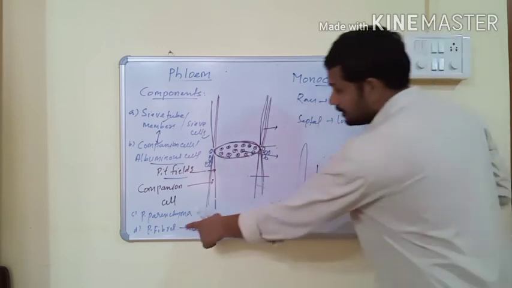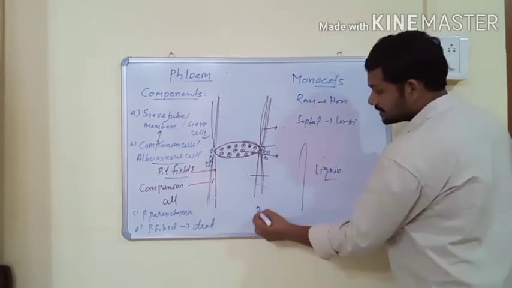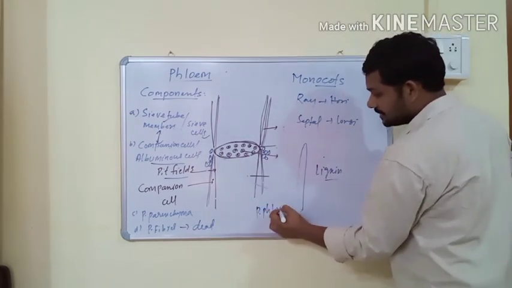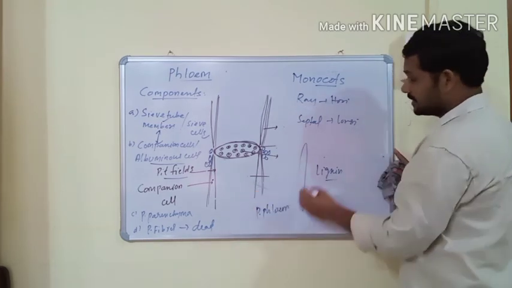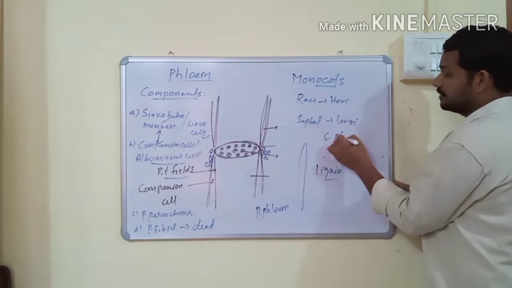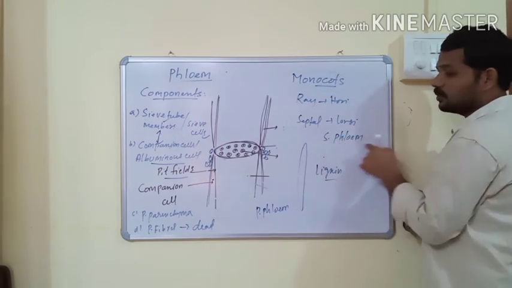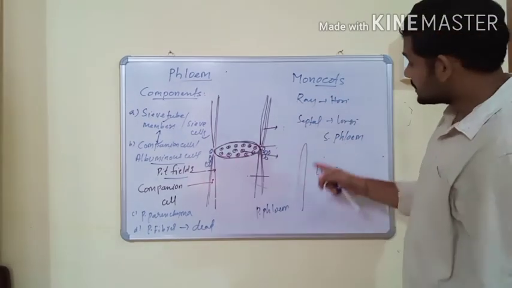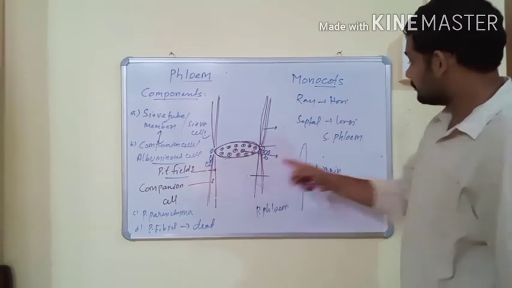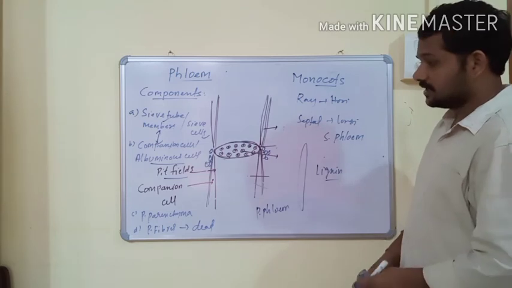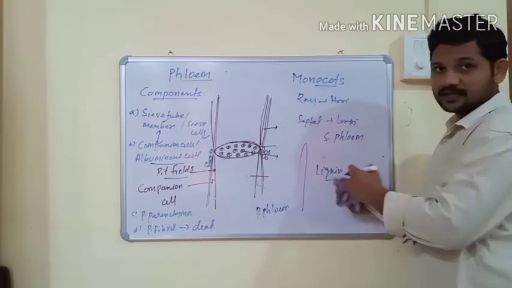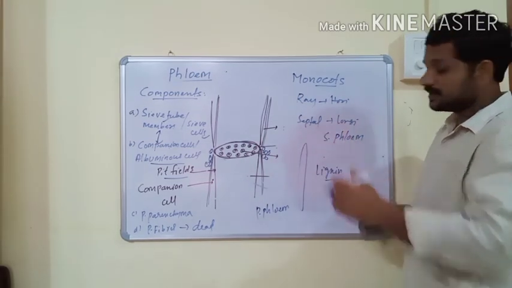Phloem fibers are usually absent in primary phloem. They are present only in secondary phloem, and there they give mechanical strength.